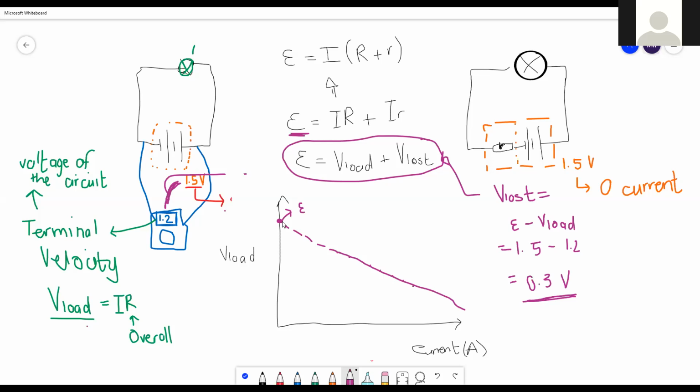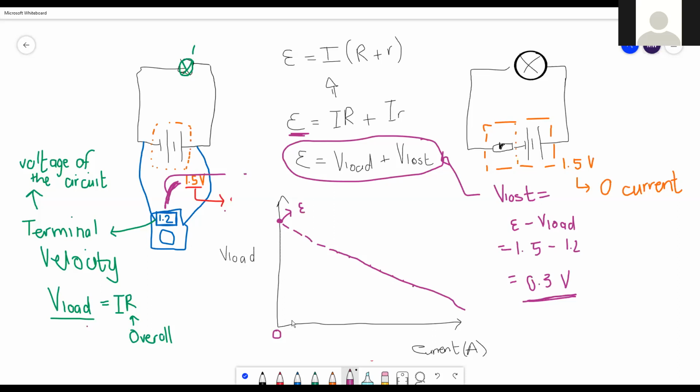What do you notice? It's the dot on the y-axis, so it means it's at 0. So what this graph is trying to tell you is we can only measure EMF when your current is 0, exactly like I was saying here. So you can only ever get the true value of EMF when your current is 0.